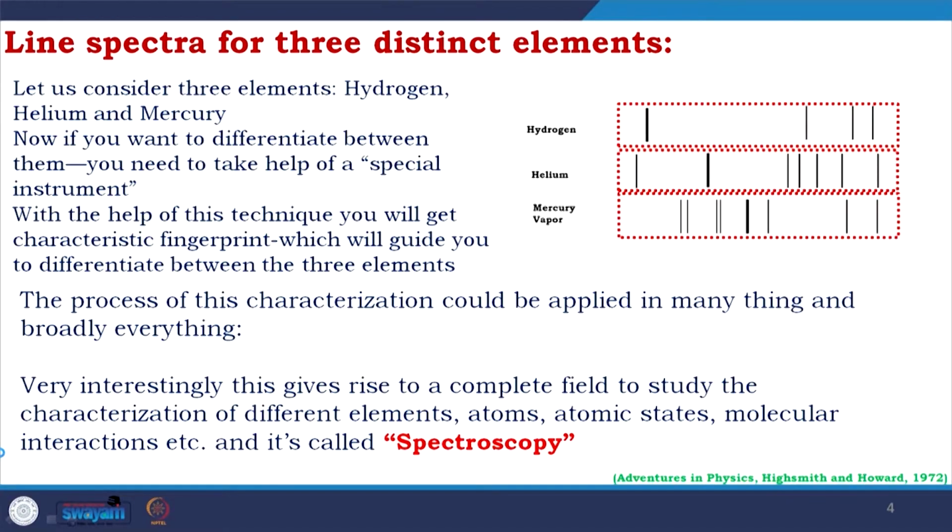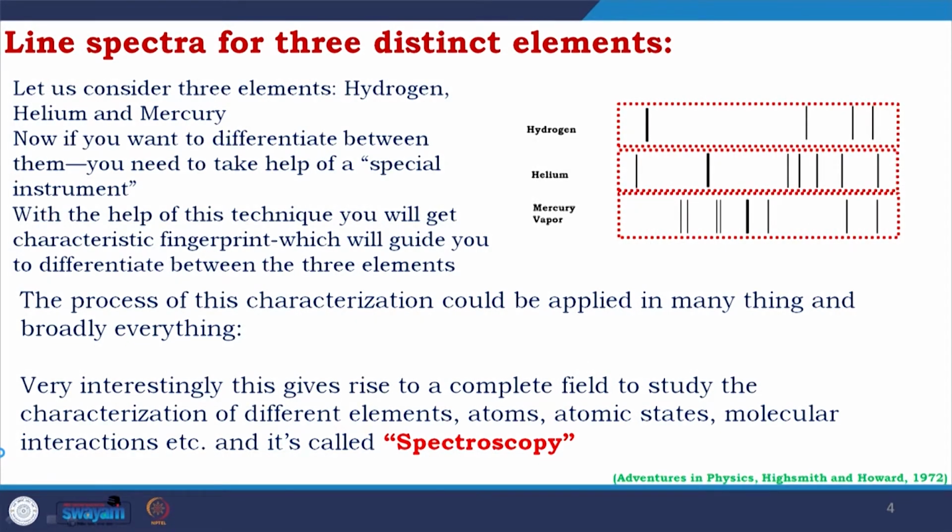Very interestingly, this gives rise to a complete field to study the characterization of different elements, atoms, atomic states, molecular interactions, etc. And this special instrumentation is broadly called spectroscopy, which is our topic.